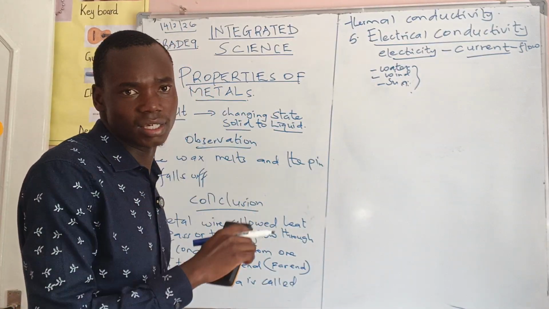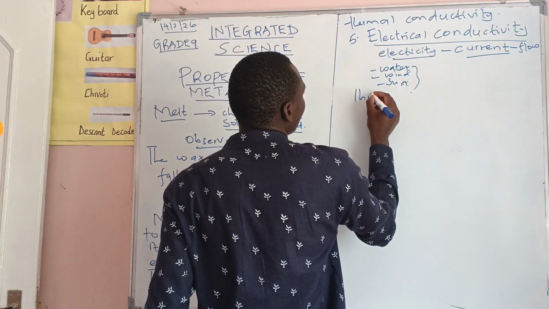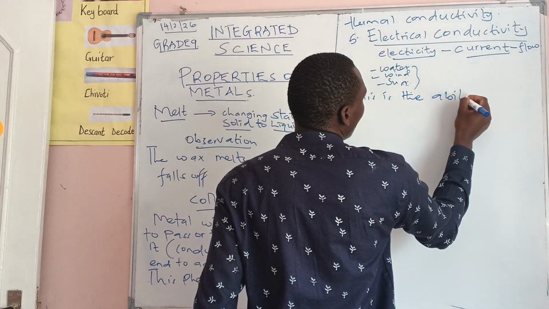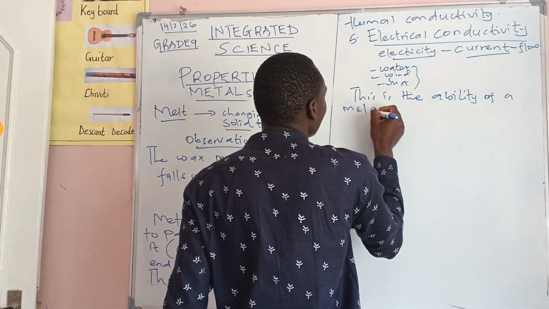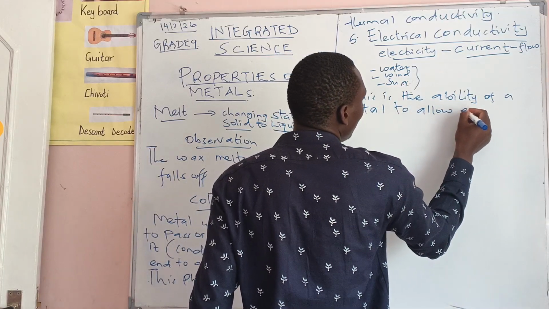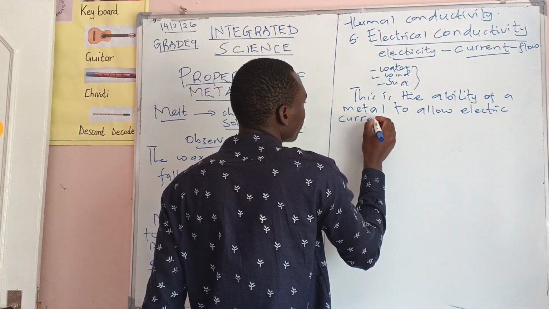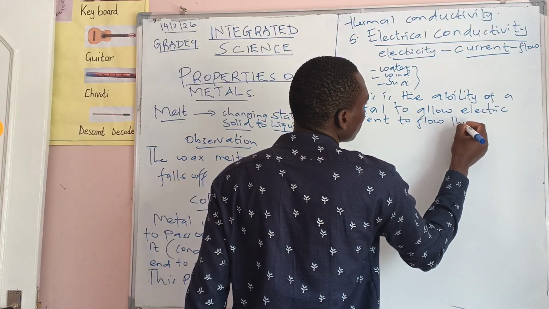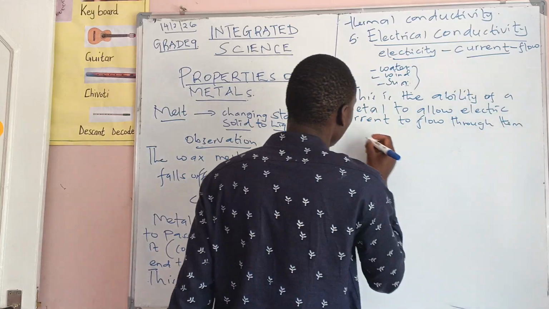Now, electric conductivity. Are metals able to conduct electricity? Now, this is the ability of a metal to allow electric current to flow through them easily.